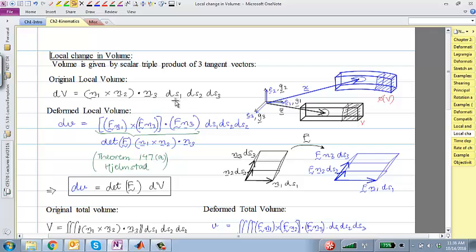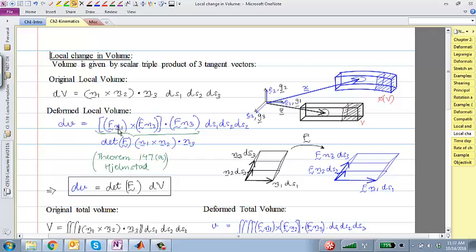Then the undeformed volume would be E1 cross E2 dot E3, which is 1, times dz1, dz2, dz3. So rectangular or Cartesian volumes are really easy to calculate. That would be the original volume.